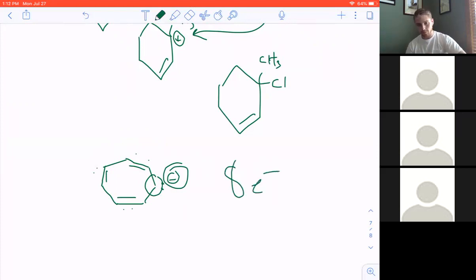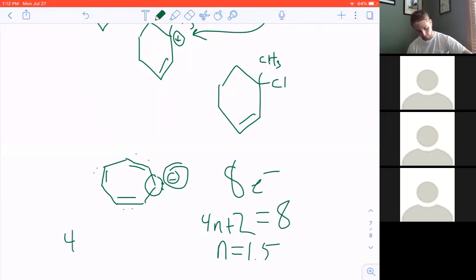If you look at the 4n plus 2 rule, which is to determine if it's aromatic, and you set this equal to 8, you end up getting that n has to equal 1.5. So it's not aromatic. What you can look at then is the anti-aromatic case, which is 4n equals 8, so n equals 2, which is an integer. So this one is actually going to be anti-aromatic, which is the answer.